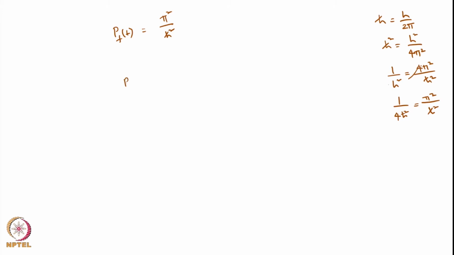So your Pf of t can also be written as E naught square, omega fi by omega square, delta omega fi minus omega square, f epsilon dot mu I whole square.